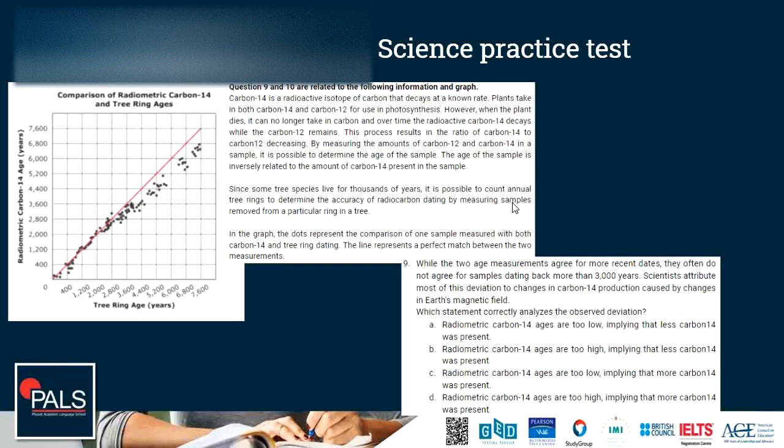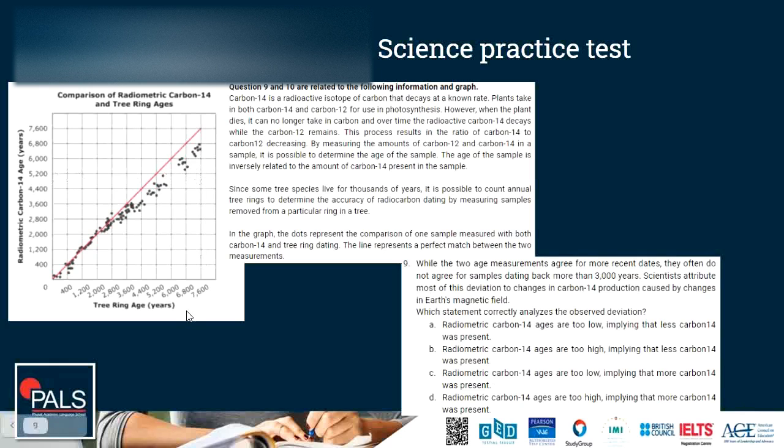So let's first check if radiometric carbon-14 ages are too low or too high. How do we do that? Again, the red line shows a perfect match. If we are 5,200 years in tree rings, then the red line is 5,200 years in carbon-14. But we can see that this is not the case.